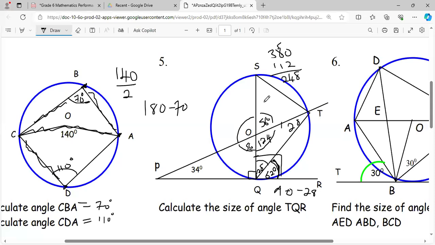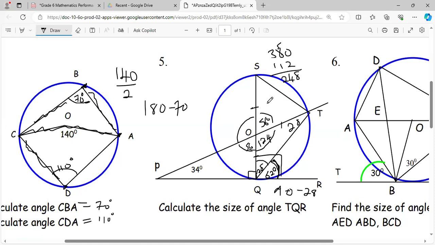If we want, we could also find these angles, you know. The angle here is supposed to equal this. Two of them come from a radius, right? So that means we have another isosceles triangle. So 28. So 56 from that, 124, right?